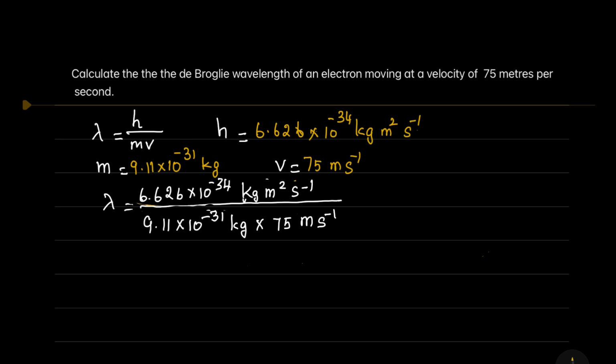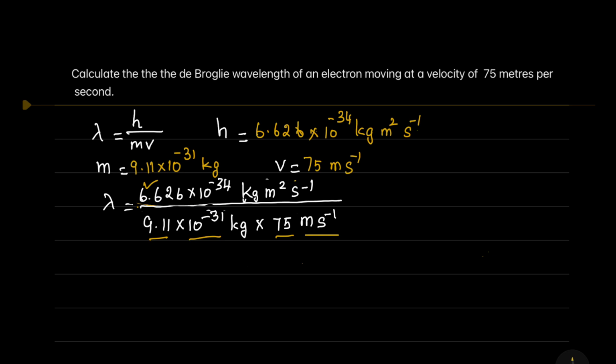Lambda is equal to h. The value is 6.626 into 10 raised to the power of minus 34 kilogram meter squared per second, divided by m, the mass. For the electron, it is 9.11 into 10 raised to the power of minus 31 kilogram, and velocity is equal to 75 meters per second as mentioned in the problem.